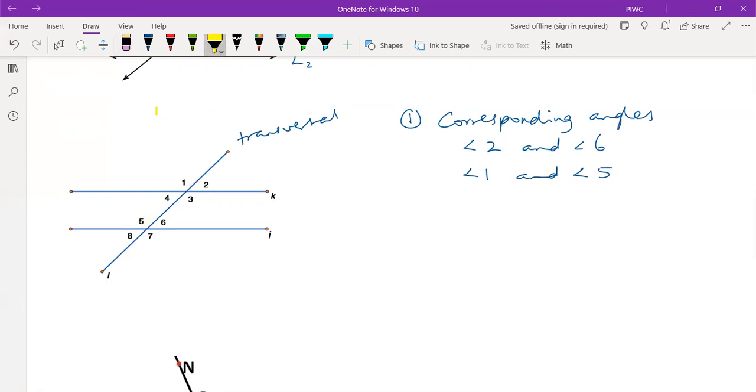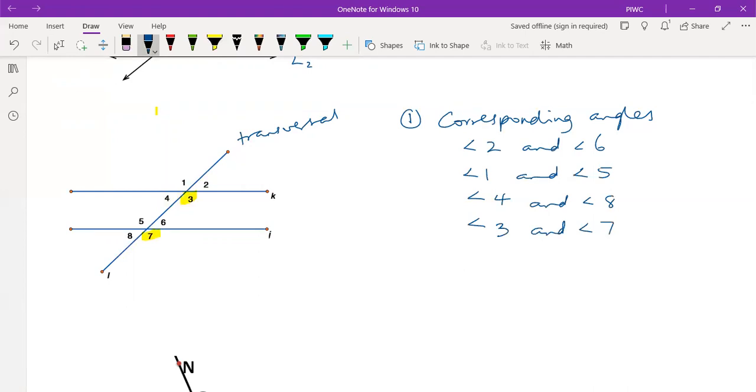If I take angle 4 and angle 8, they are corresponding angles. I can identify another one. If I take angle 3 and angle 7, they are corresponding angles. So relative positions are the same. Those are corresponding angles.